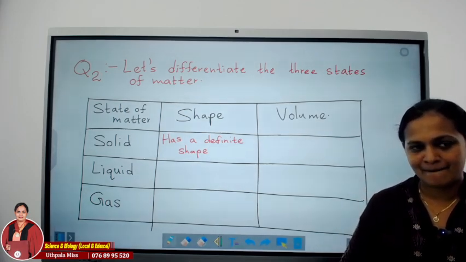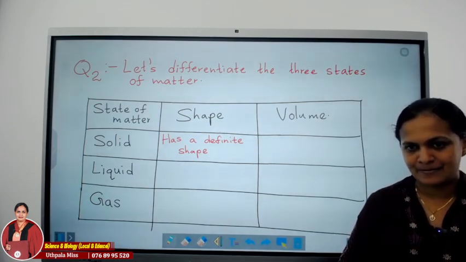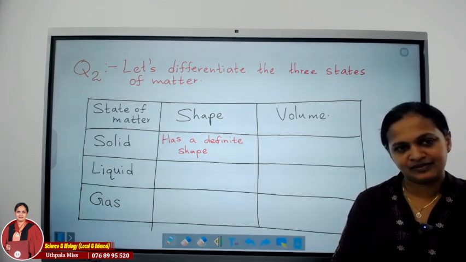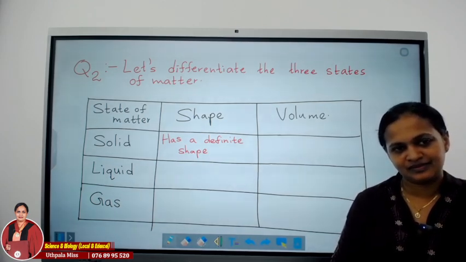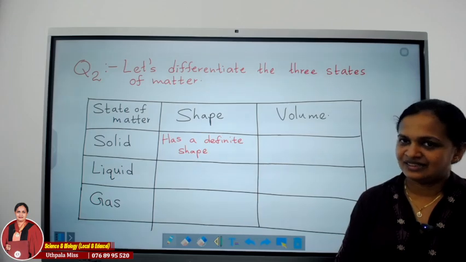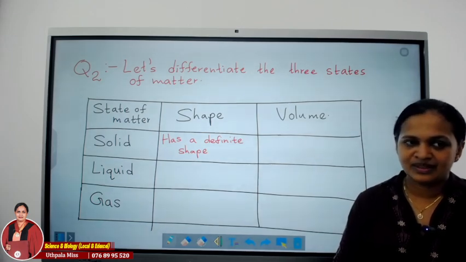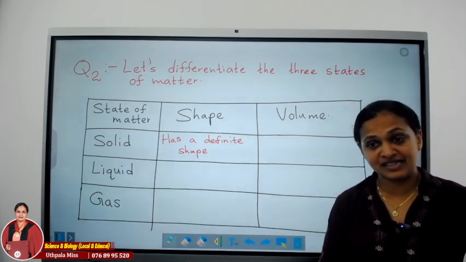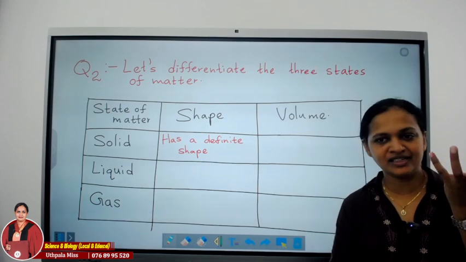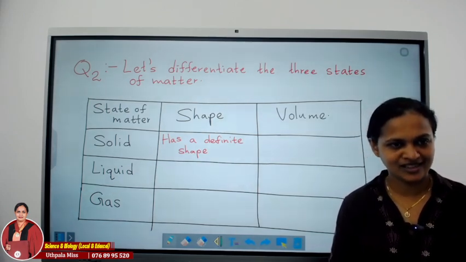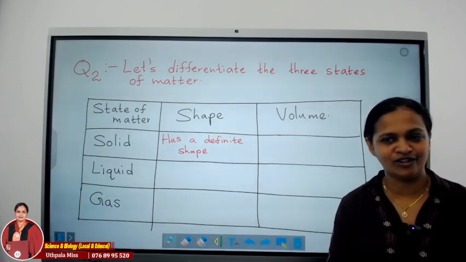Teacher, when we are making bricks, sometimes we can take the brick's length a bit lower, or the width lower, and we can make the volume different from the one that we made earlier. Yes, but still the smaller brick has a definite volume. The larger brick has a definite volume, right? A solid has a definite volume.